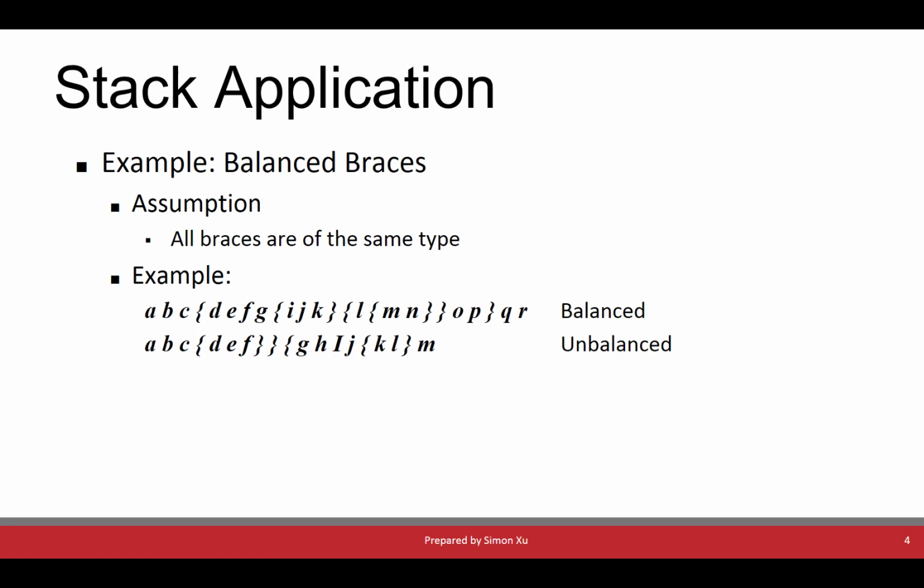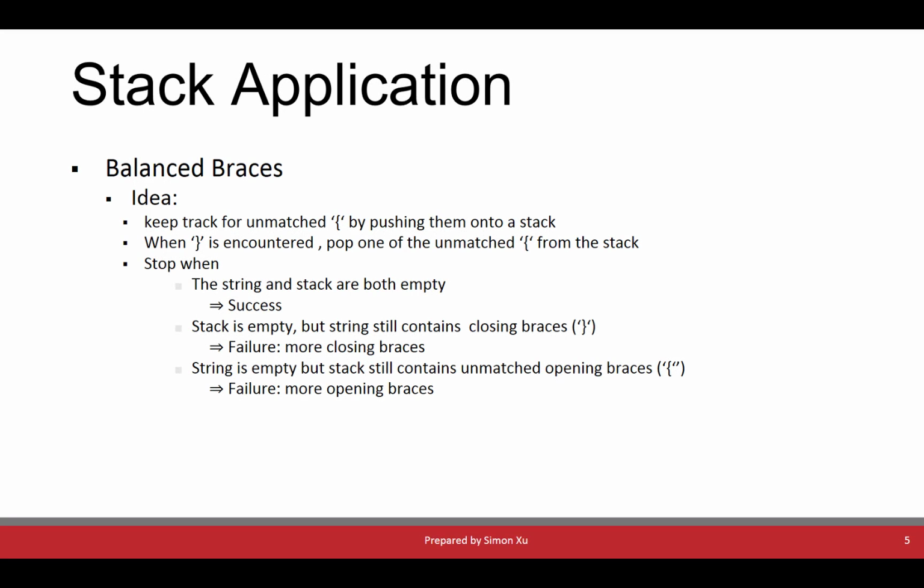Can we simply count the number of open brackets and closing brackets? If they are not the same, certainly the brackets are not balanced. Even if the numbers are the same, we cannot assume the brackets are balanced, because the open brackets and closing brackets may not be in the same order.